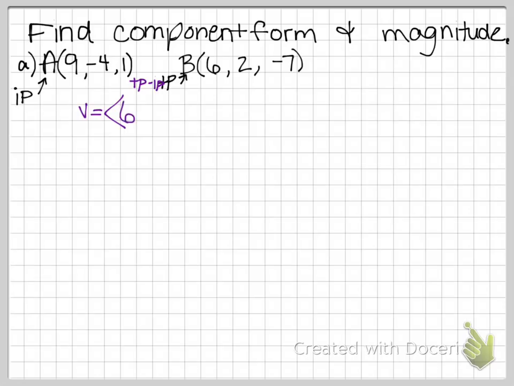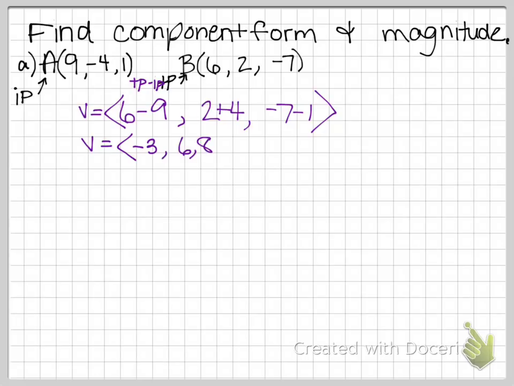So we're going to take 6 minus 9 for our first component, 2 minus -4, so 2 plus 4, for my second component, and -7 minus 1 for my third component. When I simplify that, I'm going to end up with -3, 6, -8. All right, so there is component form.